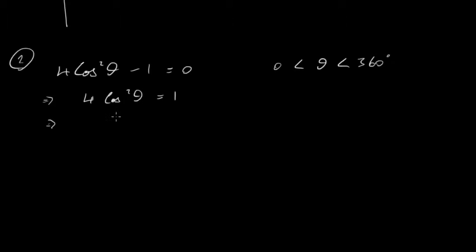Let's divide by 4, so we will get cos squared theta is equal to 1 over 4. And then let's square root both sides. So remember, cos squared theta is just cos theta all squared.